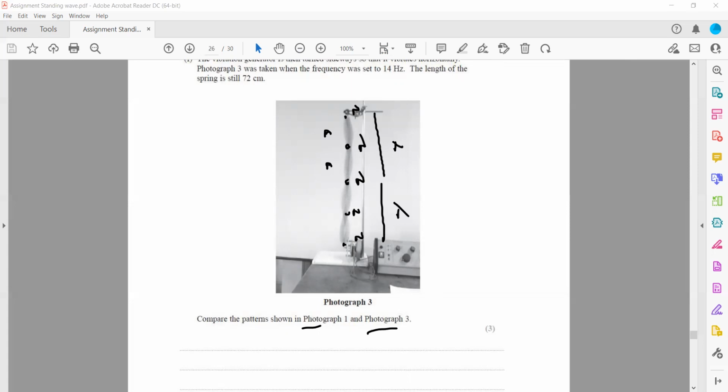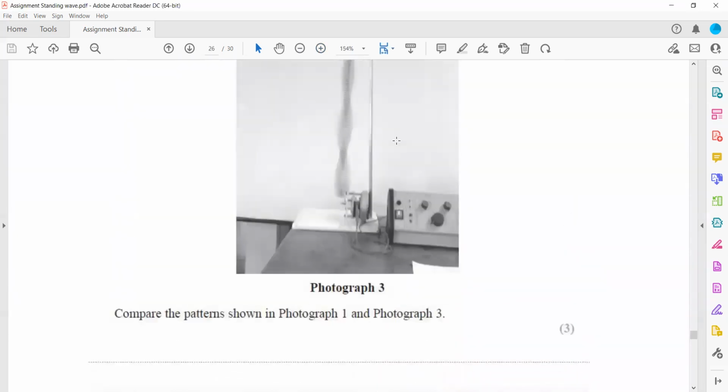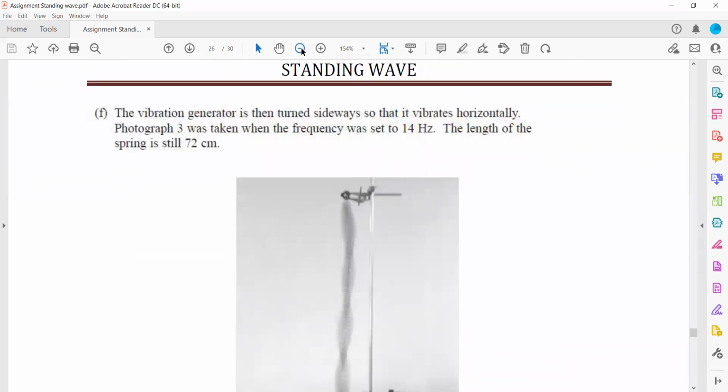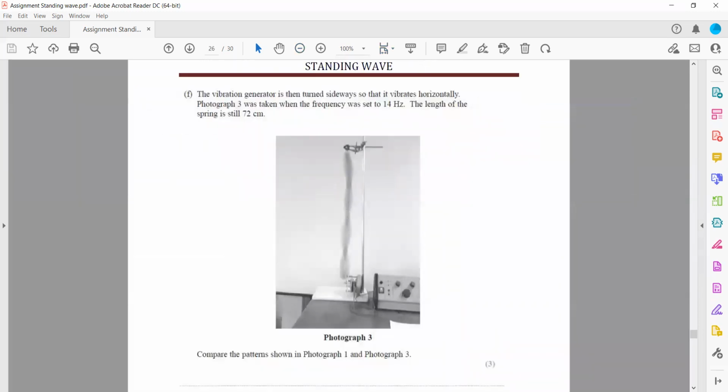And another difference was, in the first figure the direction of the particle vibration was parallel, but here it is perpendicular. Is it clear, this comparison between photograph 1 and 3? Any doubt in this? Yes. No.